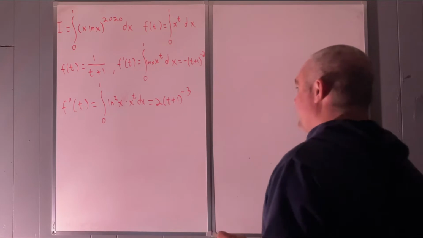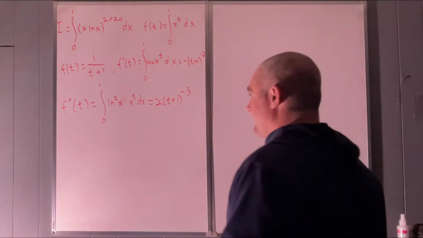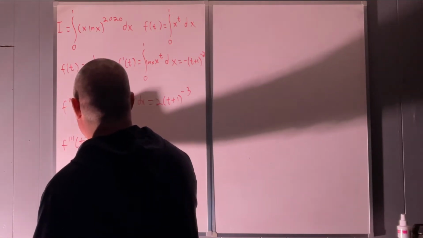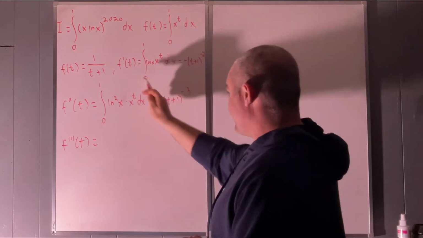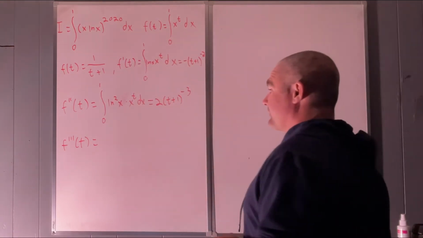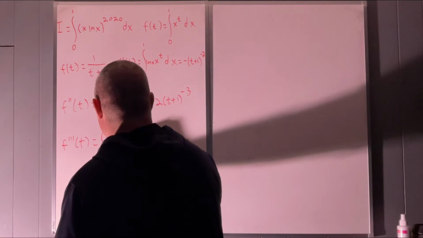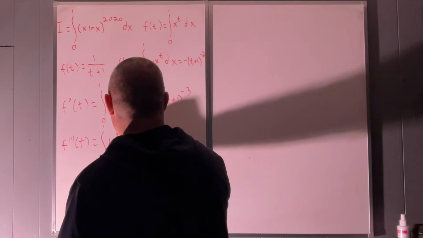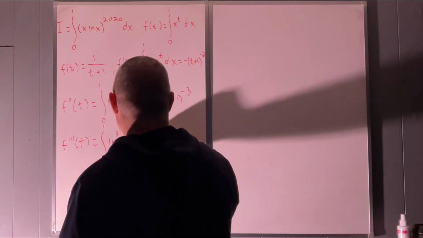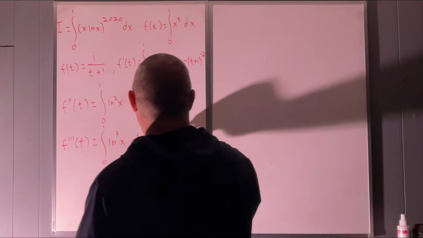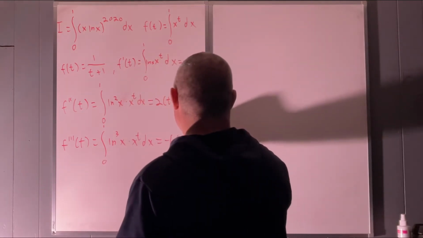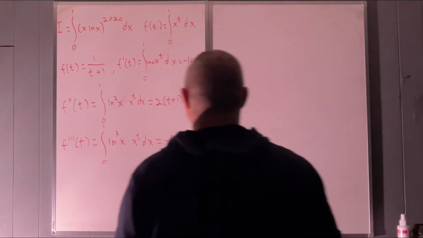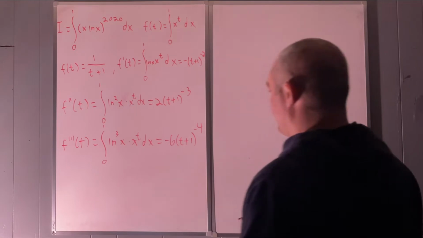Take one more, and then that should be sufficient to see the pattern. So f triple prime of t is the integral from 0 to 1 of natural log cubed of x times x to the t dx, and that is equal to negative 6 times (t plus 1) to the negative 4. All right, that's good enough for a pattern to emerge.